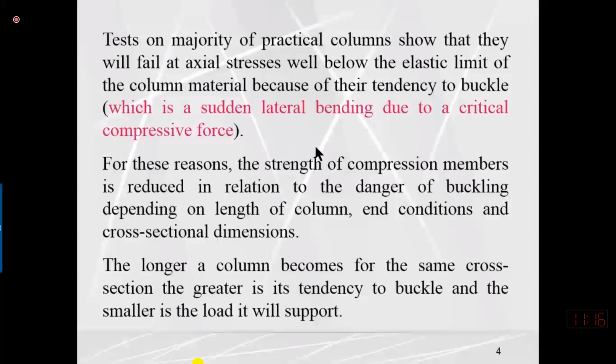Why? Because the longer column will have more slenderness ratio as compared to the shorter column. We will discuss in detail. The longer column, for the same cross section, has the greater tendency to buckle as compared to the shorter column.